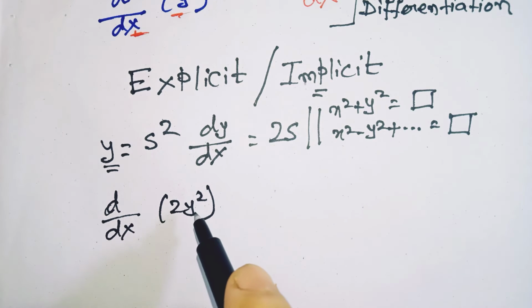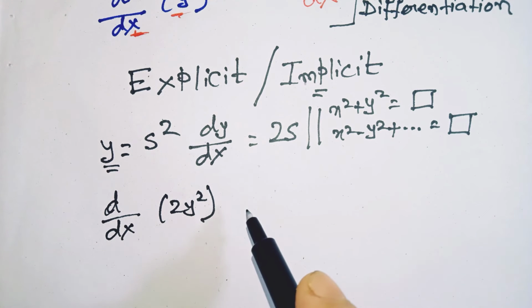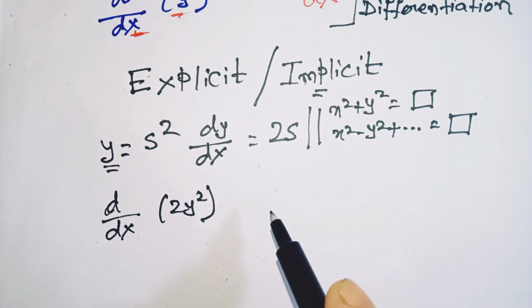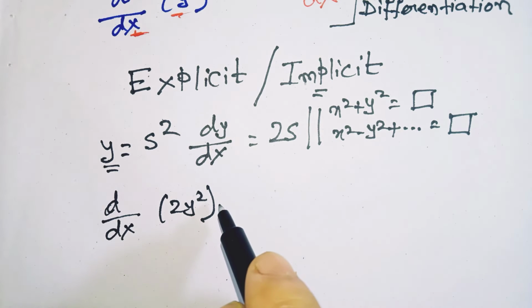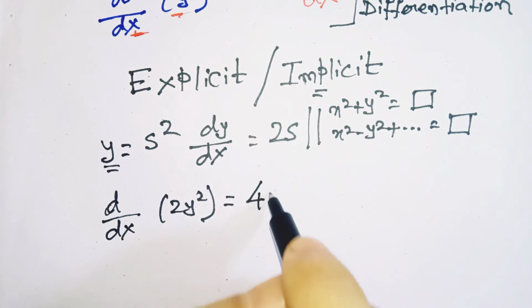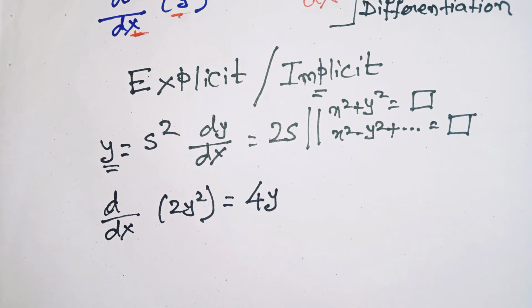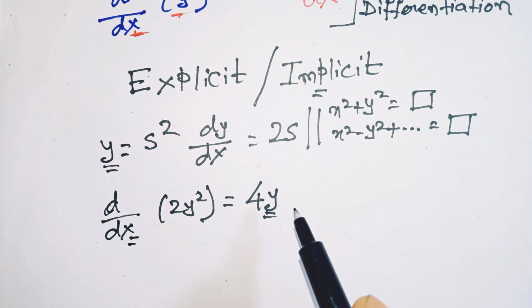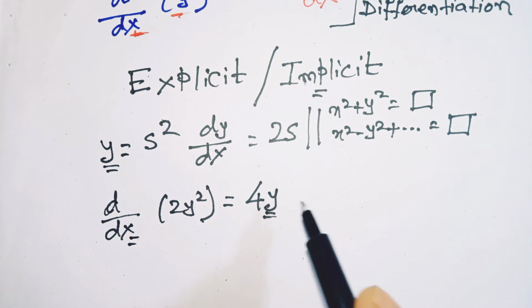We are trying to solve this with respect to x. First, using the d by dx formula, we find it as 4y, because there is a y term attached to it. See, this one is a y term, this is an x term. Now there is a y term attached to it, which means we have to put the dy by dx at the end.